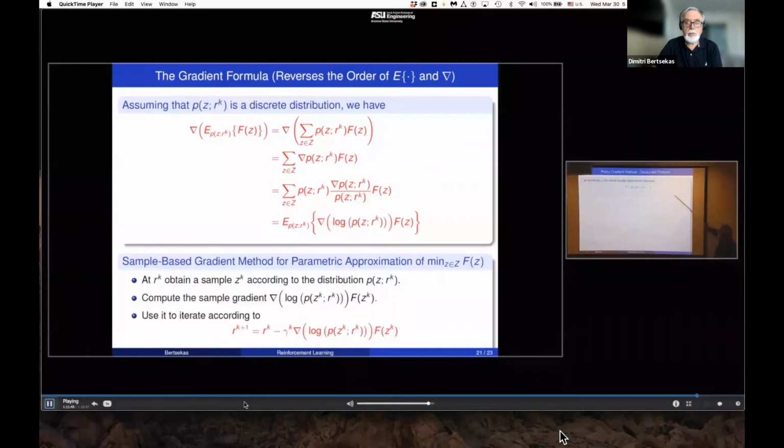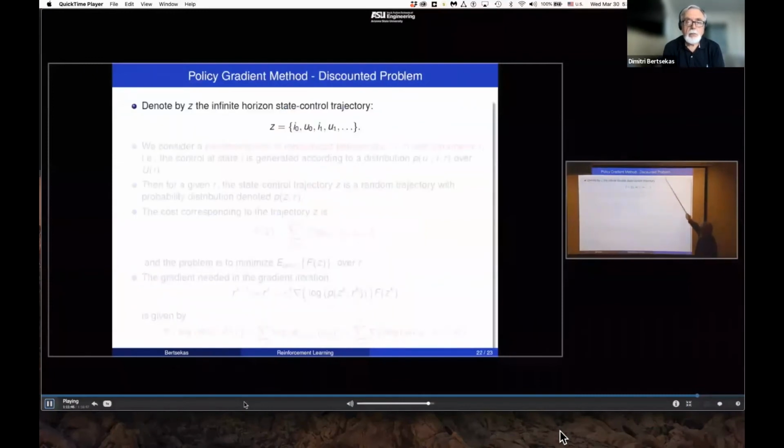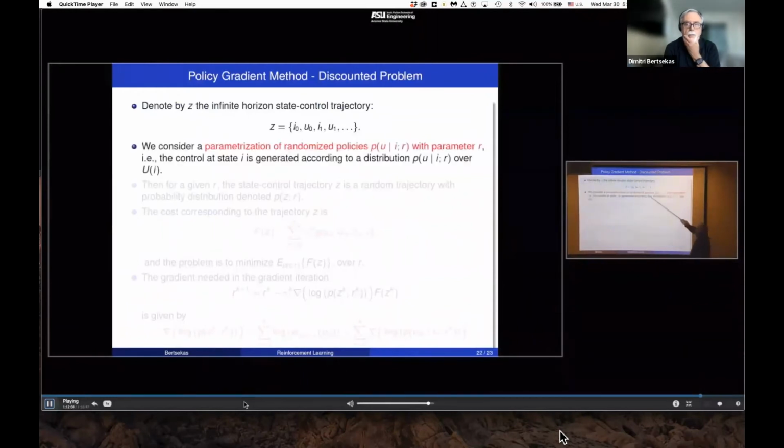Now we're going to go to discounted problems. Here, the samples Z are trajectories. And for a given R, for a given policy, these trajectories have well-defined probability distributions, and they can be generated by Monte Carlo. So we consider a parametrization of randomized policies, whereby at state i, you select a probability distribution over the set of controls that depends on the parameter vector.